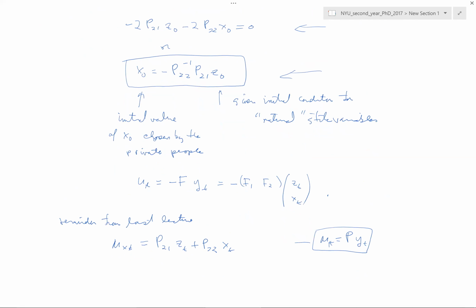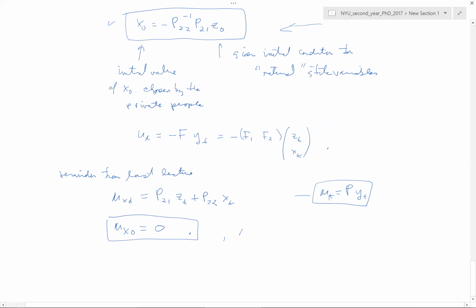So this tells us, if we just partition, that mu xt is the shadow price of xt. And if we substitute this in, we'll find that mu x0 is equal to 0. So the advice is set the shadow price equal to 0. But you'll find that mu xt does not equal 0 for all t greater than or equal to 1. So mu xt has an interpretation.